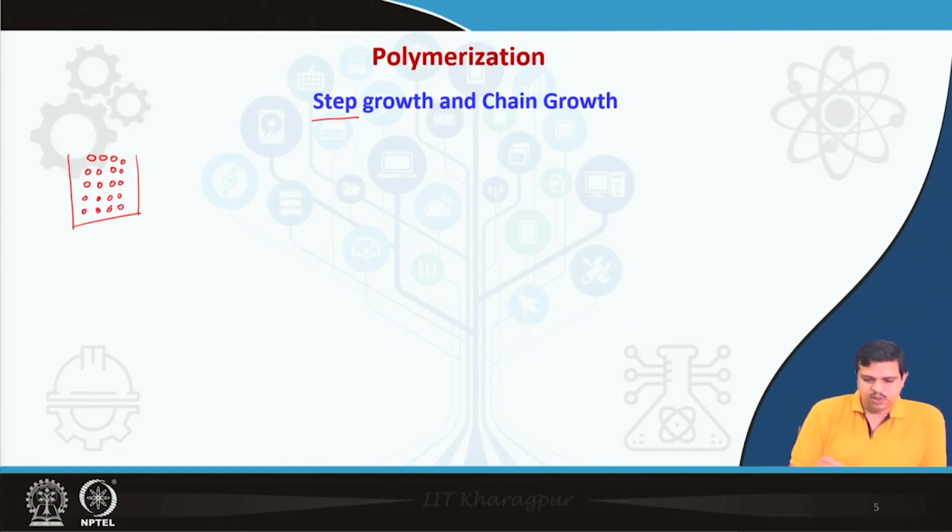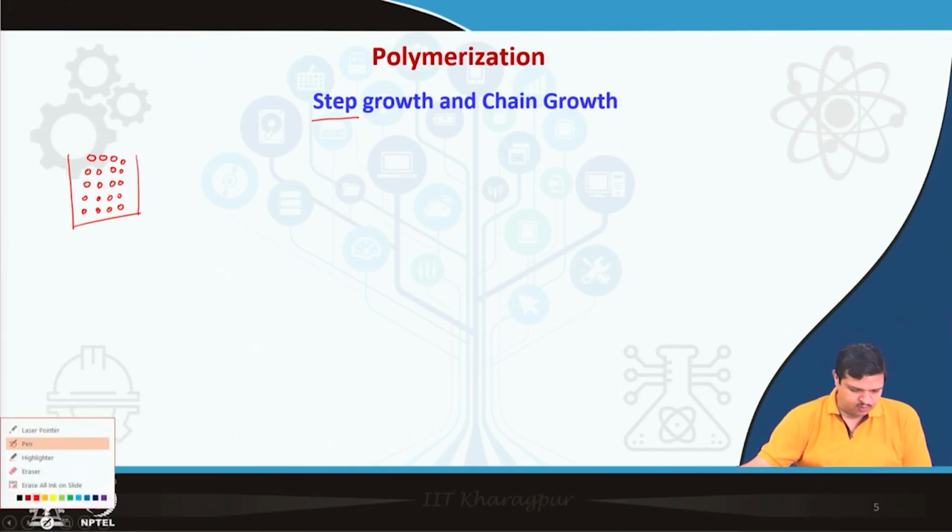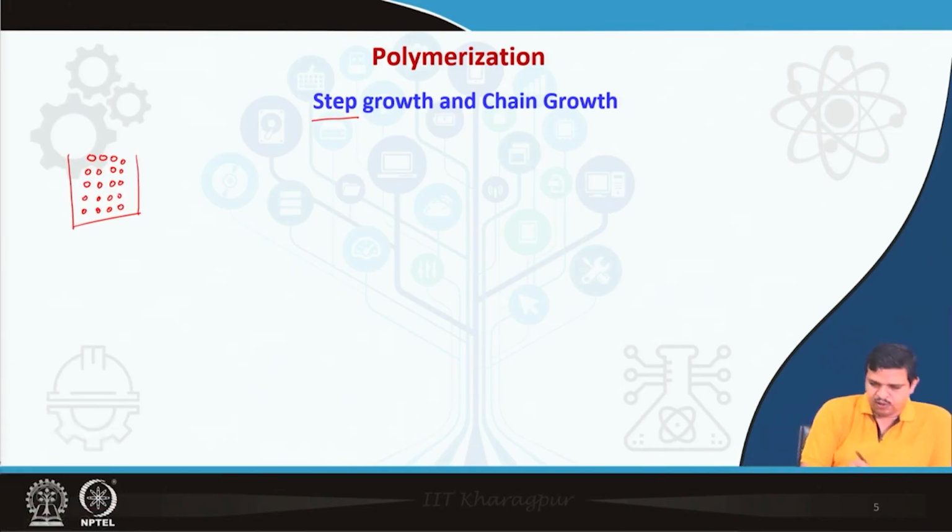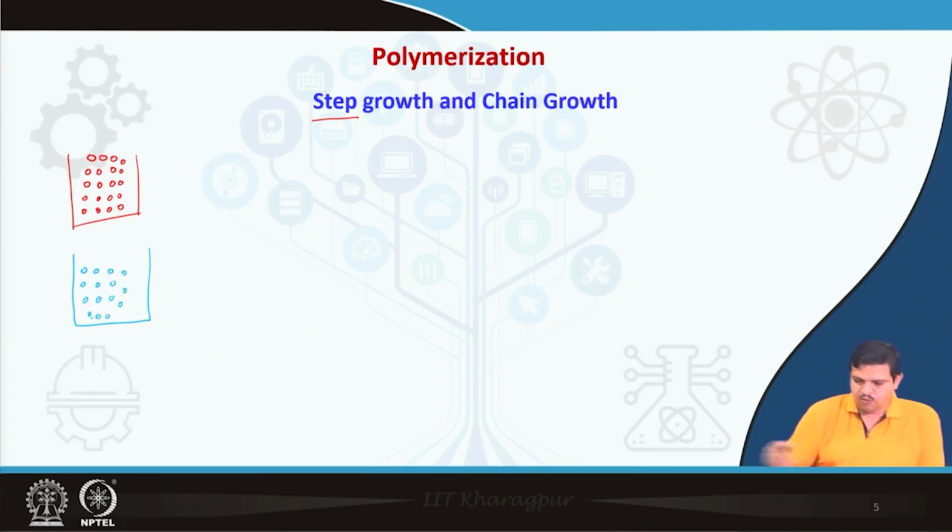Now, the polymerization may happen in two ways. This is the one, and the other one is like this. Here also there are monomers.